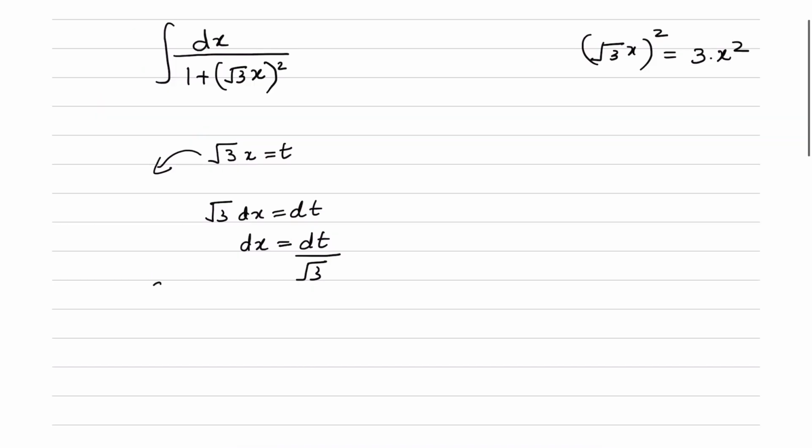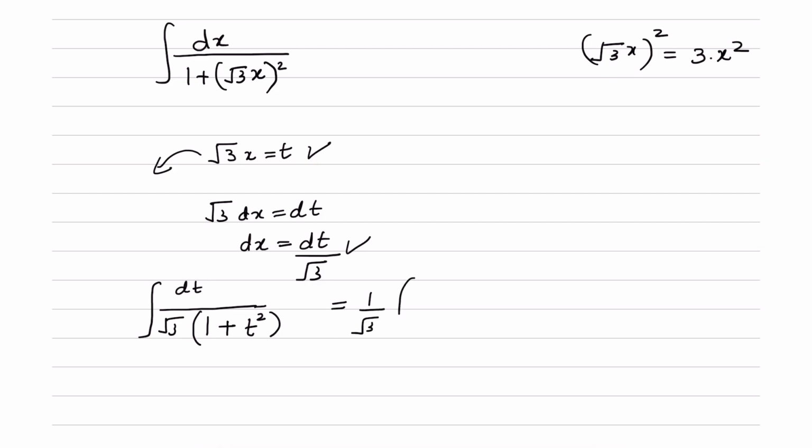We will plug square root 3x equal to t and dx is equal to dt by square root 3 in our formula. The value of dx is dt over square root 3, 1 plus square root 3x is equal to t, and its square. We will take 1 over square root 3 out and inside we have dt over 1 plus t square.